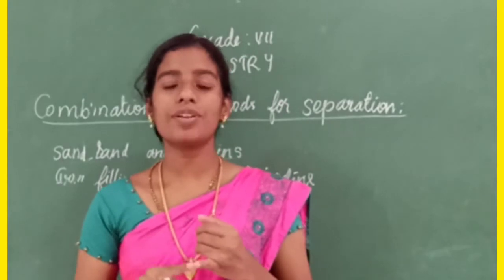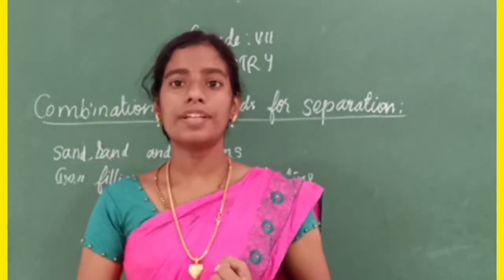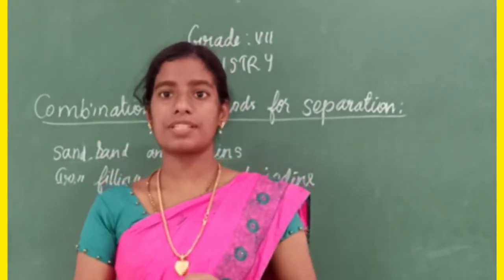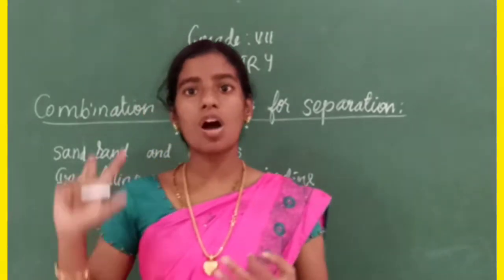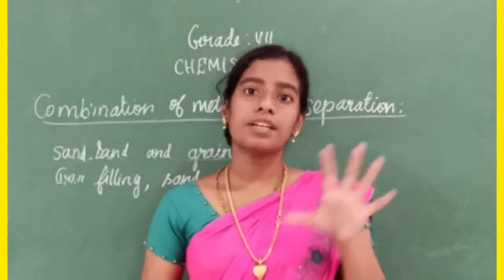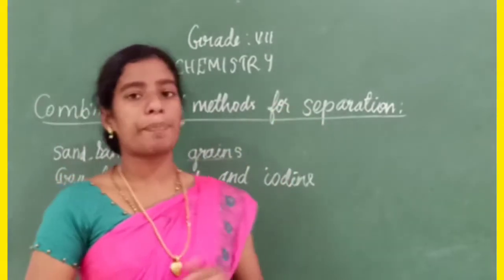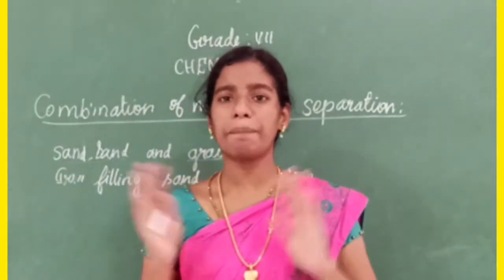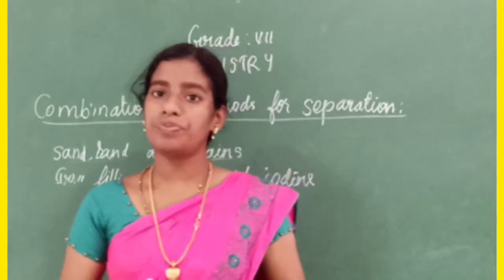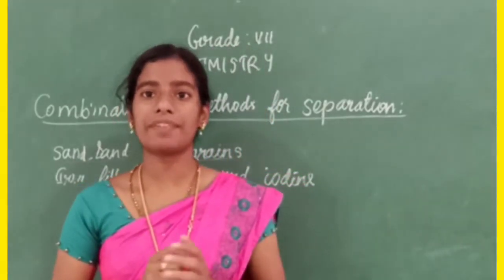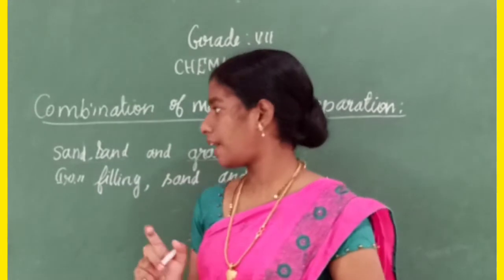So we have learned about solid-solid separation, solid-liquid separation, and liquid-liquid separation. Now the next one is the combination of these methods of separation. How can we combine more than one method of separation in a single mixture? That we can see. Consider an example.